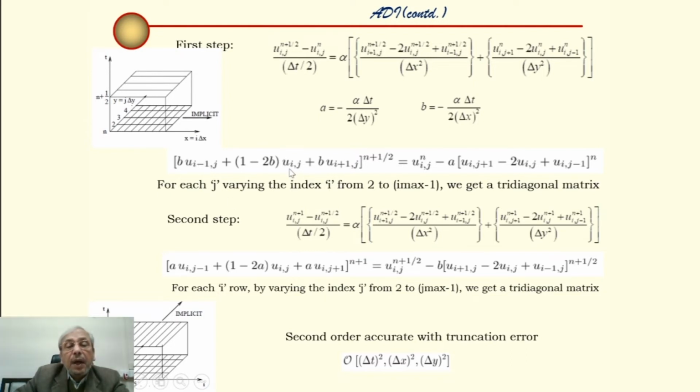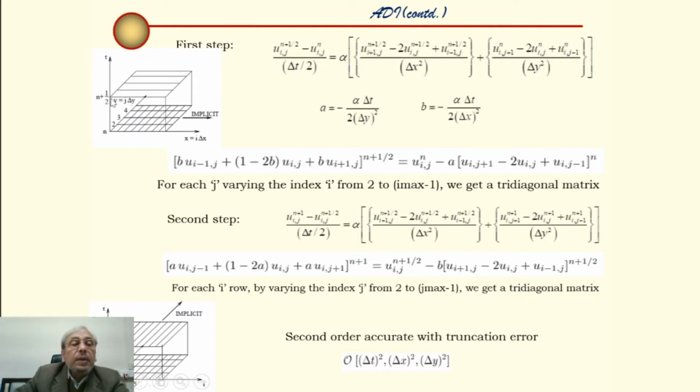Similarly, when ui will be I max minus 1j, this will be I max minus 2j, and this will be I max j. And I max j will fall on boundary and its value is known. So, we will basically vary i from 2 to I max minus 1 for each j.